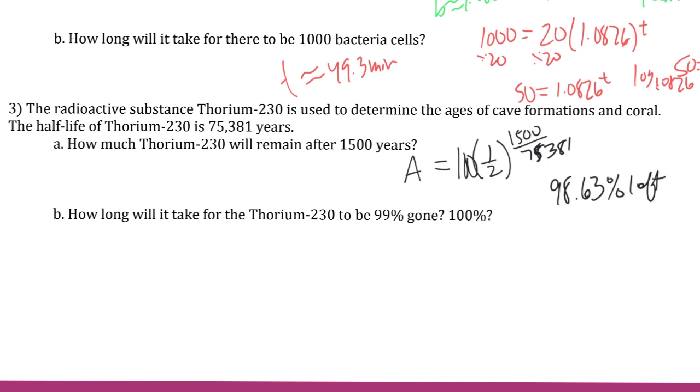Okay, and then what they're saying is, okay, can you also find the time it's going to take for 99% to be gone or 100% to be gone? Okay, so we'll start with 100%, and if 99% is gone, that means that 1% is left. Okay, and so then it would be half, and then it would be t over 75,381.